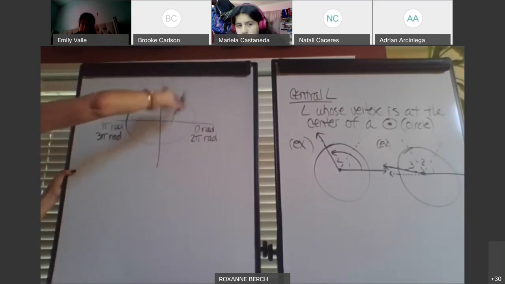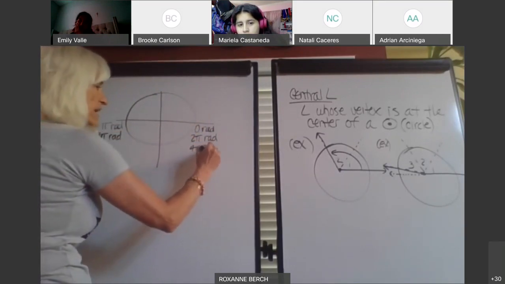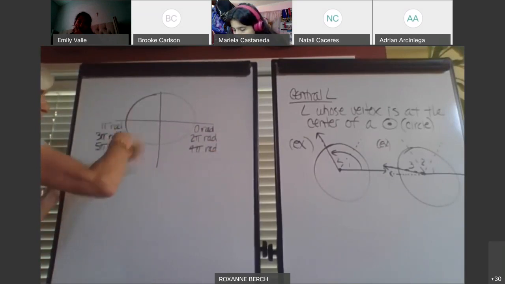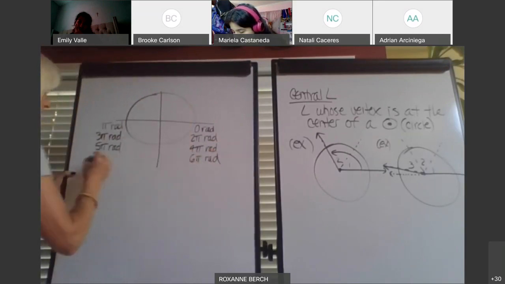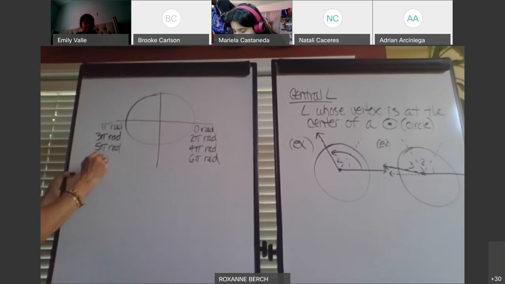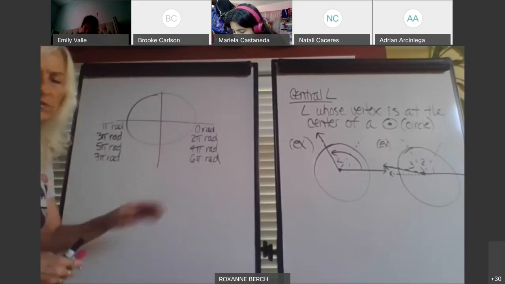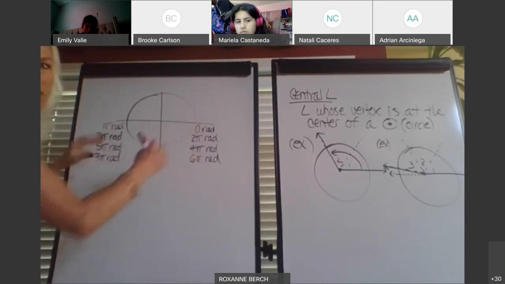If I go a full revolution and come all the way back here, it's 4 pi radians. Do you guys see a pattern here? So sometimes, rather than rotating over and over again, I use these as landmarks.